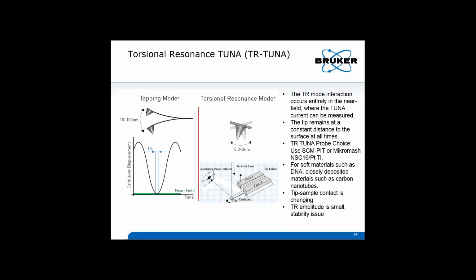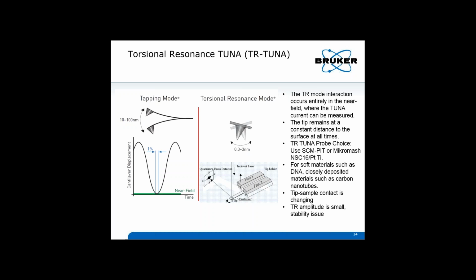The TR mode interaction occurs entirely in the near field, so it can be used for the tuner measurement. The tip remains at a constant distance to the surface at all times. For soft materials such as DNA, or loosely deposited materials such as carbon nanotubes, the TR tuner can be a candidate.